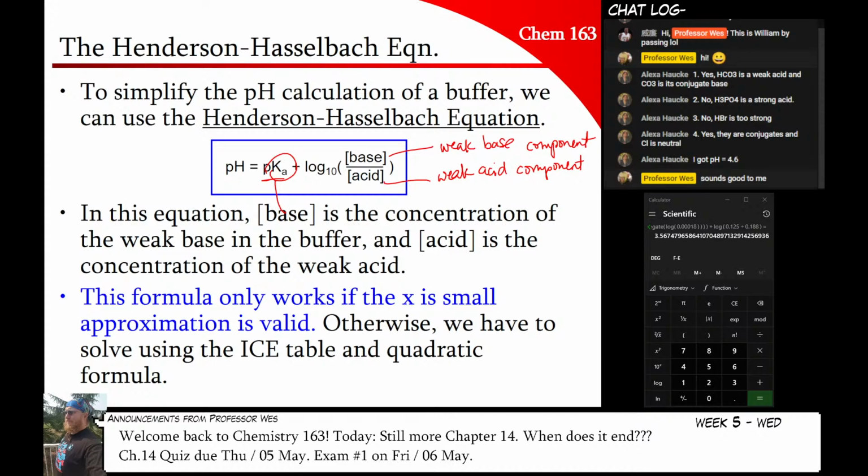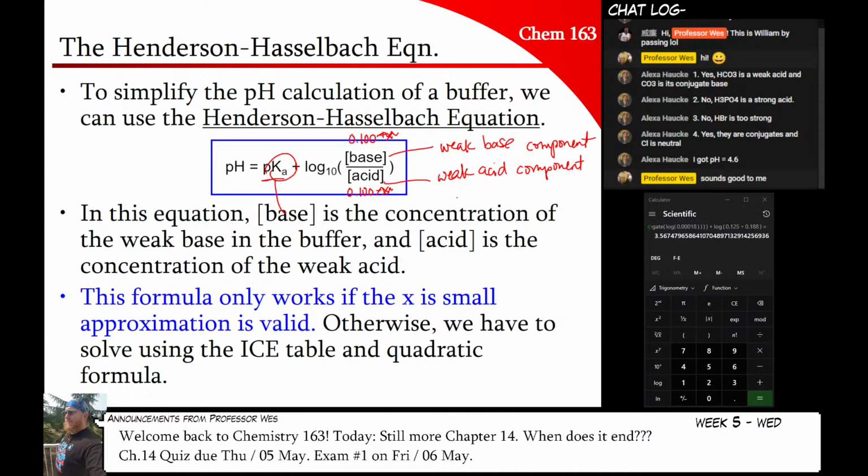The reason that this requires the X is small approach is because the base is really going to be whatever the base was, say this, plus X, and this would be minus X or whatever. So when we scribble this out, we get just the base over the acid.